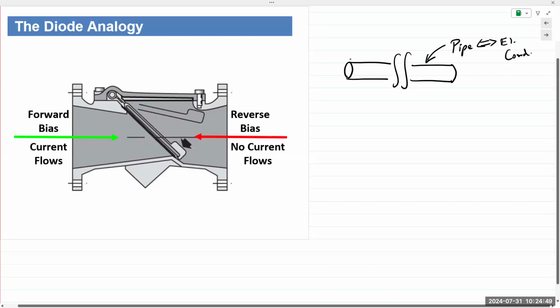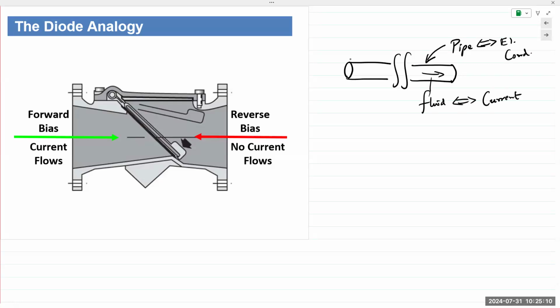And the fluid flowing inside it can be termed as electrons, or in this case, because it's electrons and holes, we can simply say it's the current.